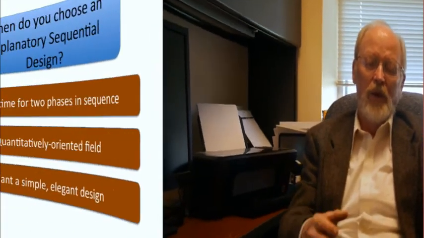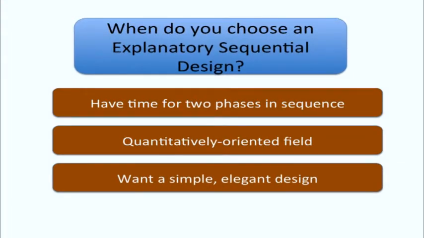When do you choose this type of design? Well, you can see if it's in two phases, quantitative followed by qualitative, it takes a long time. So you've got to have the time. It's not as efficient as a convergent design where you gather both forms of data when you're out to the field once. People that use this design are often those that are very quantitative in their orientation, because the entire project, phase 1 of this design, starts quantitatively.